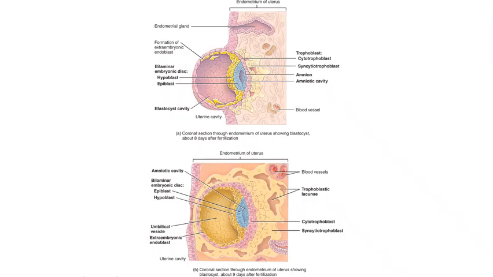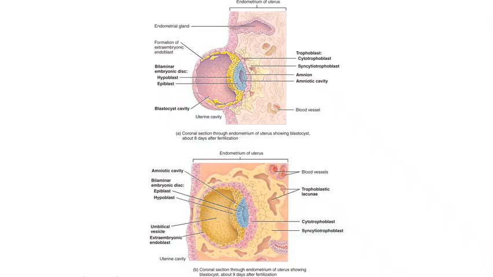Now, about the 12th day after fertilization, the extraembryonic mesoderm develops. These mesoblast cells, deriving from the umbilical vesicle, form a connective tissue layer around the amnion and the umbilical vesicle.